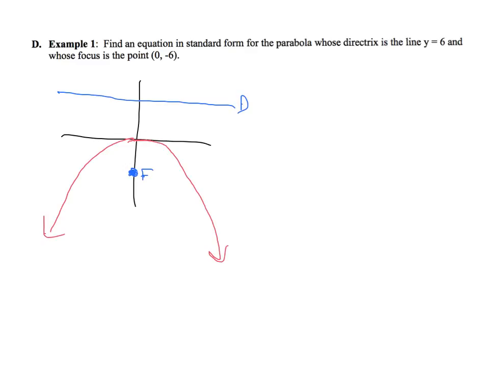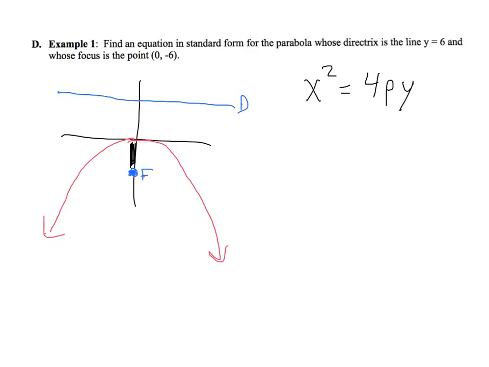So because it opens up and down, I know it has to follow the form of x squared equals 4py. That's the formula we came up with. And for this, all we really need to do is measure the distance from the base of that parabola, from the vertex, all the way to the focus.